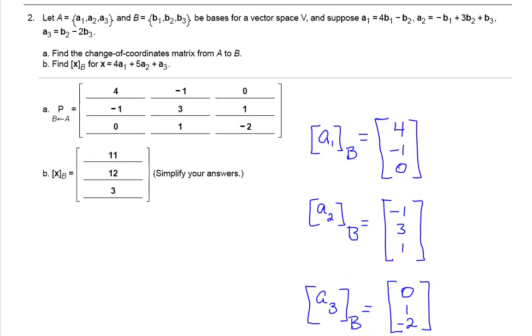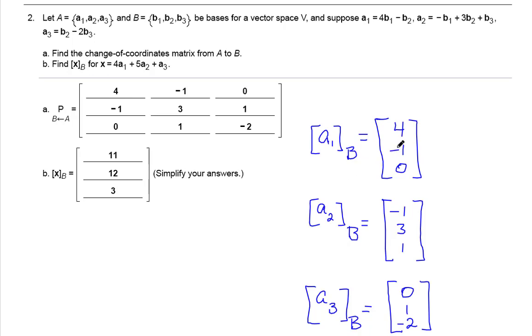In question 2, we have an A basis and a B basis. And so we represent each of our A's in terms of the B basis. Okay, so we get those column vectors. Our change of coordinate matrix going from A to B is simply to put those columns in there. And so now, how do I go from an x in the A basis to the x in the B basis?